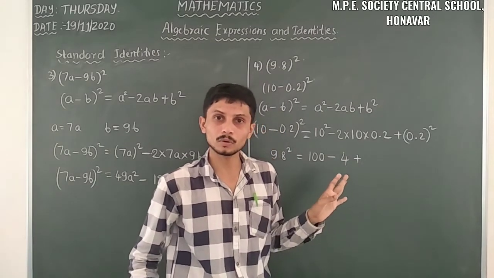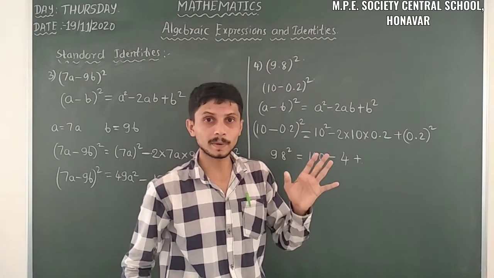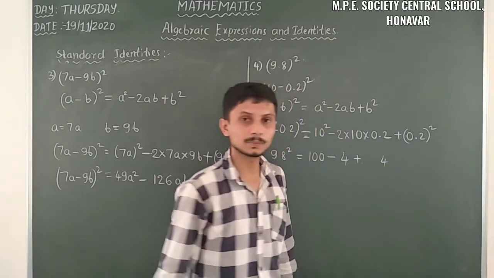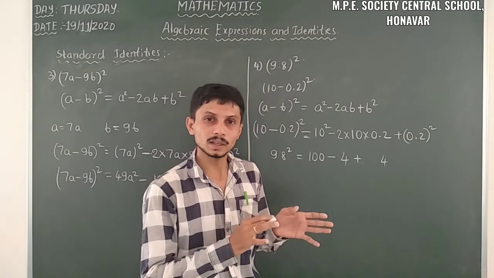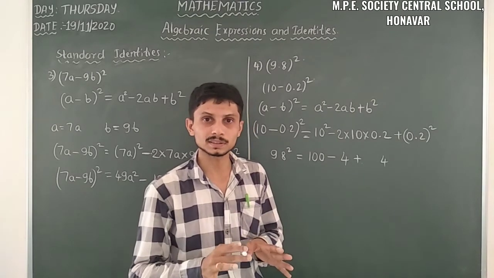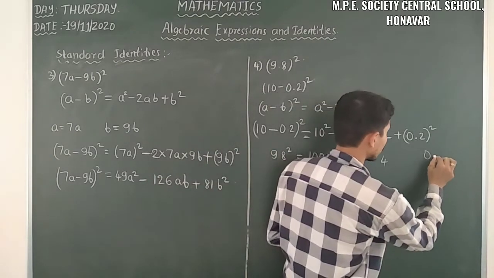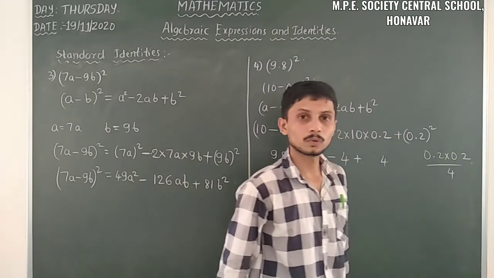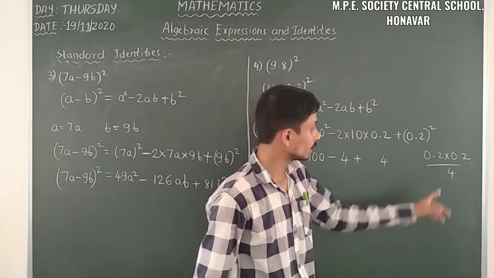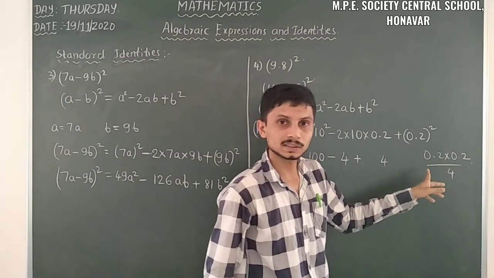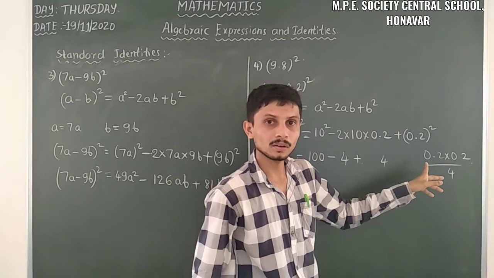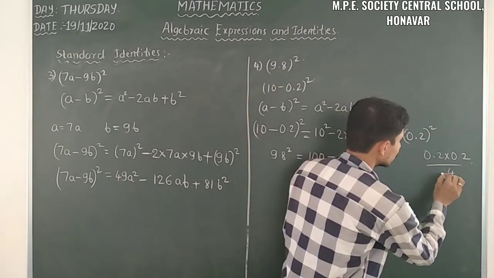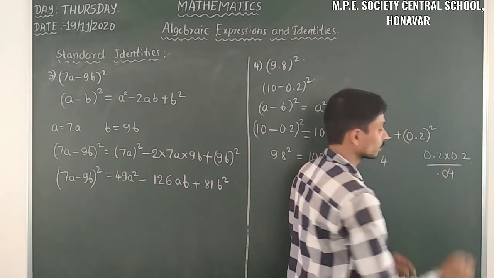0.2 whole square, how can we take that one? Just imagine, 2 square is 4. When we multiply the two decimals, 0.2 into 0.2, we have 4, but here we have 2 decimal places, so after 2 decimals we place the decimal point.